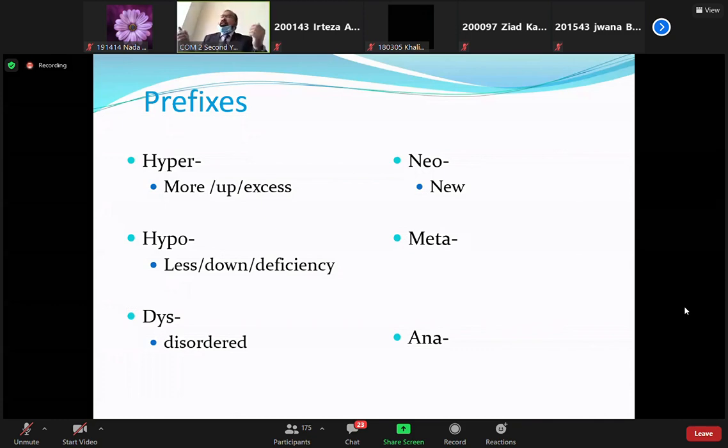Usually I ask this question to the students: tell me what is the lining epithelium of the esophagus. Can anybody tell me the lining epithelium of the esophagus? Is it stratified squamous from top to bottom, or is there any change?